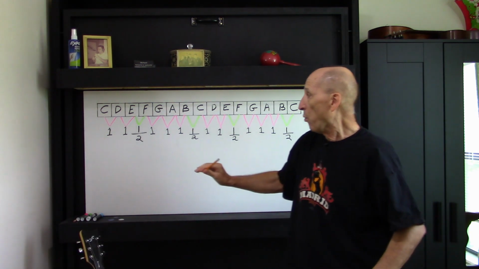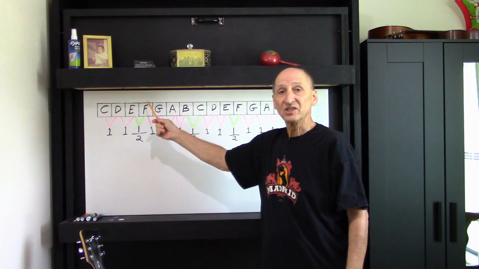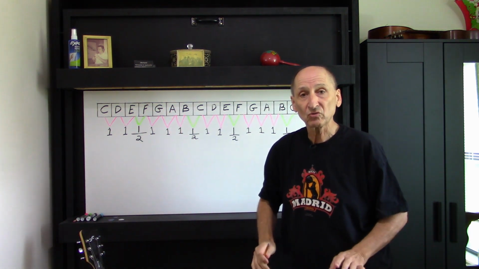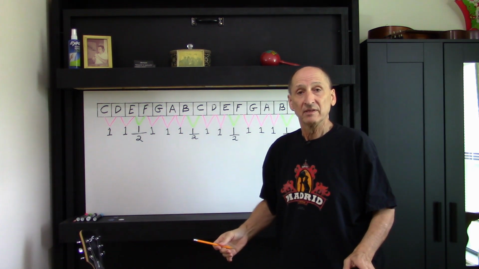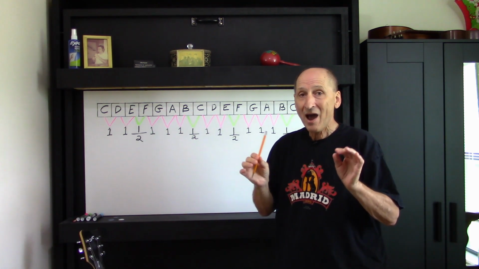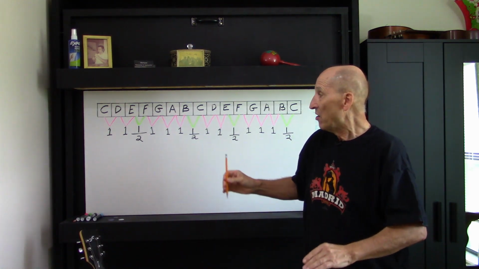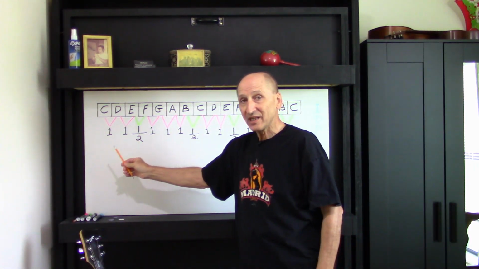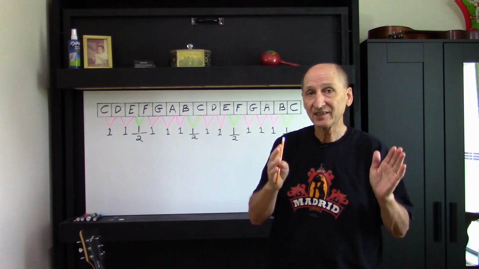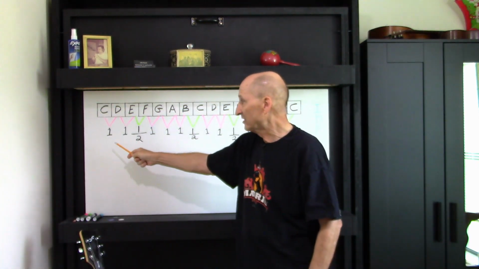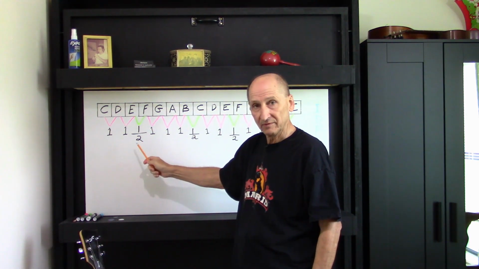What this is, is the C major scale, or the natural scale in music. How this relates to the guitar is we have to make the scale a series of steps. That's the bottom numbers right here.